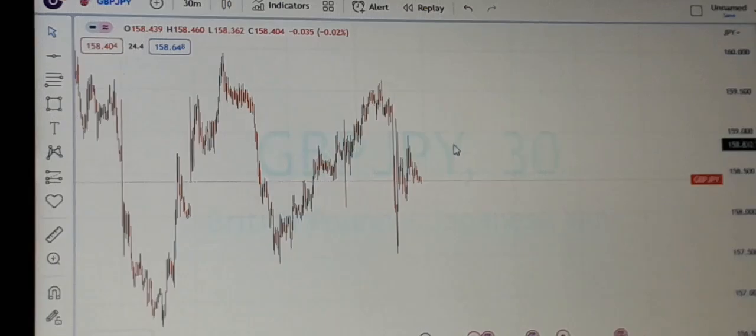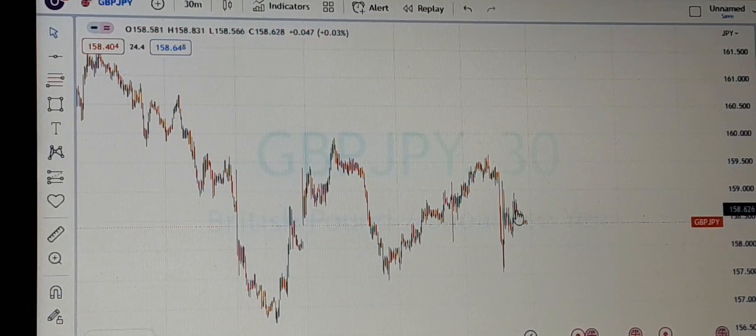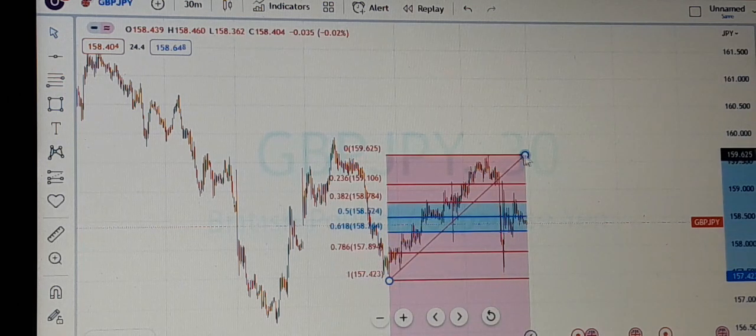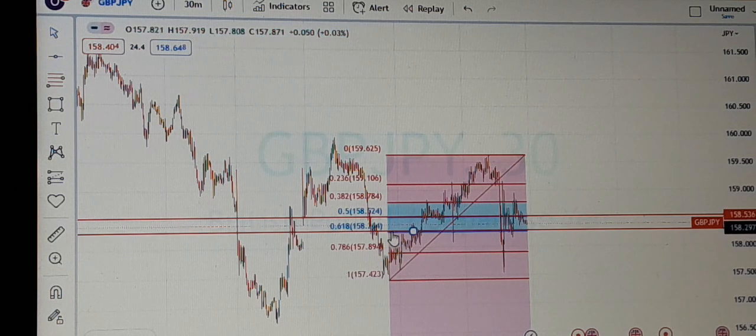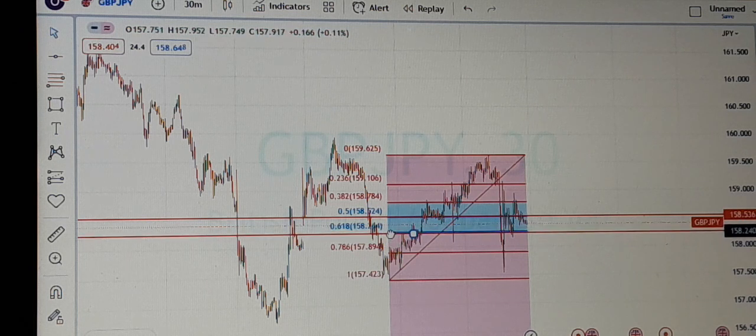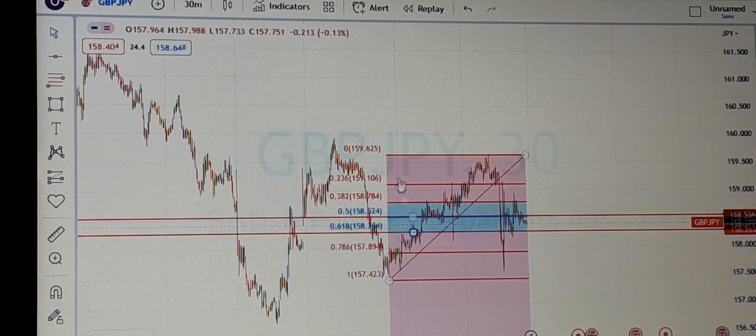And if you want to know if this particular area is in a zone or is a reversal area, the first thing that you'll do, what will you do? You'll plot your Fibonacci first of all from this low to this high, then put in your trend line from this particular area, which is my 0.5 and the 0.618 area.